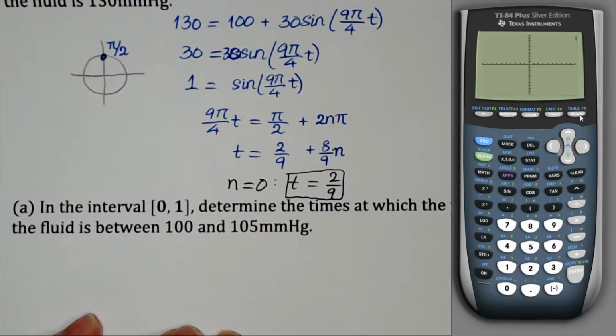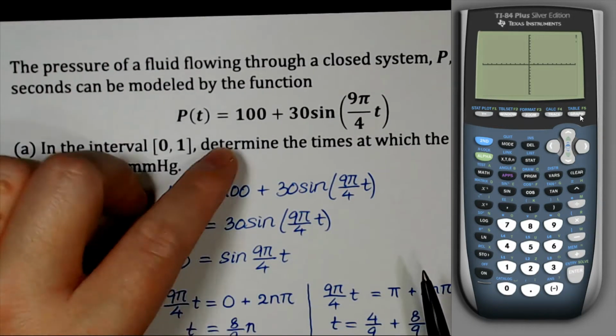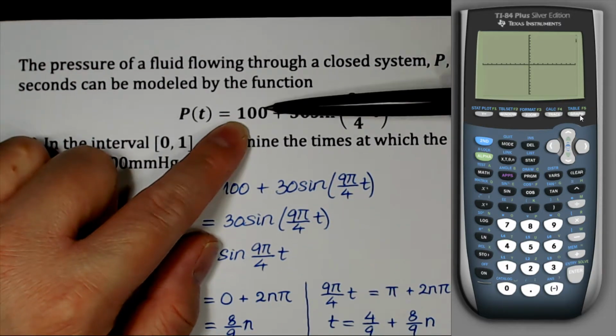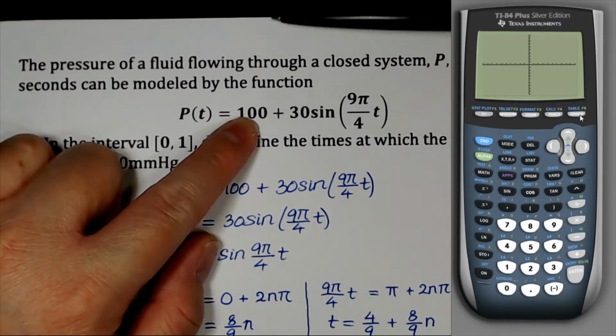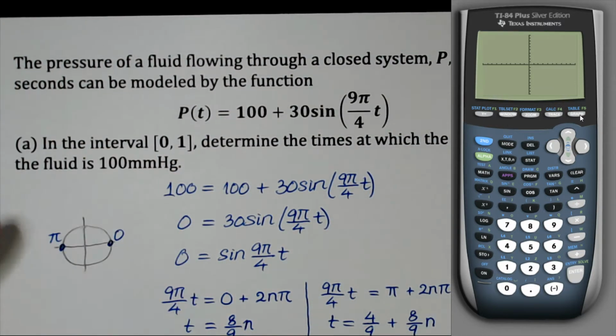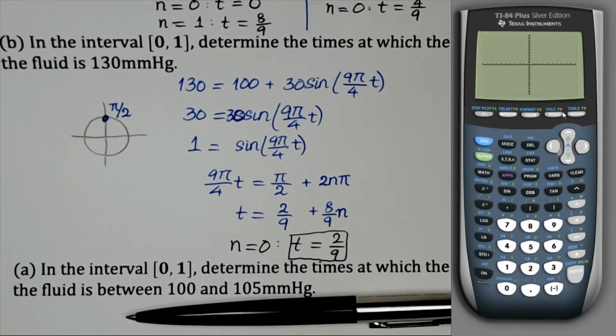Of course, we should not see anything, because the graph is centered at 100 and goes up and down, 30 units up, 30 units down. So we should change the window. The x values only go from 0 to 1. So we say x goes from 0 to, let's just say, 1. Let the increment be 0.1.